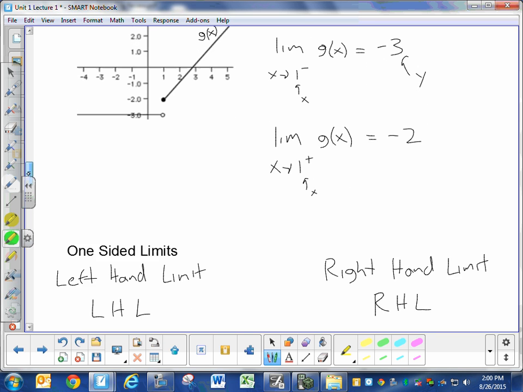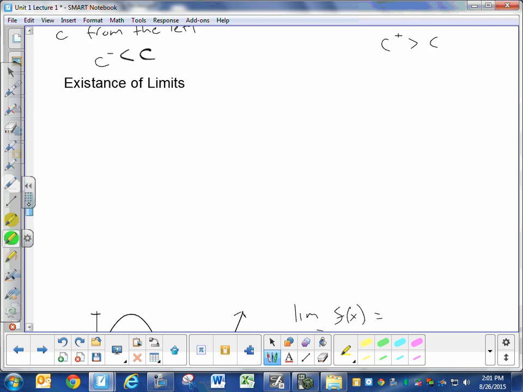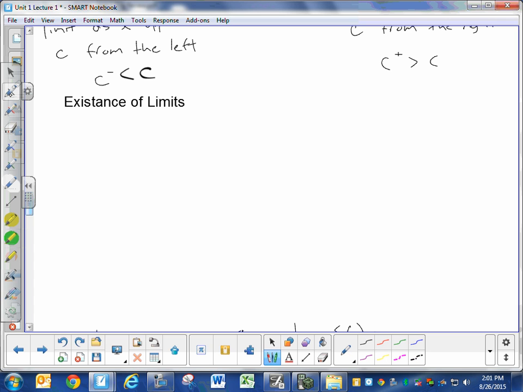The existence of limits is what we'll talk about next. Limits only exist if the left-hand limit and the right-hand limit are the same. If and only if, iff, the left-hand limit is equal to the right-hand limit, which is equal to some value.